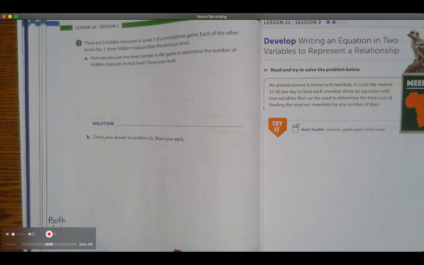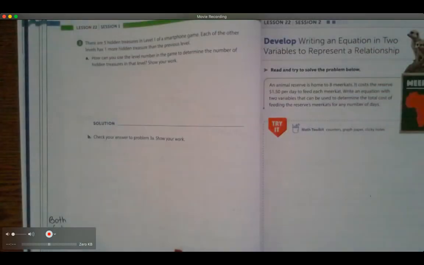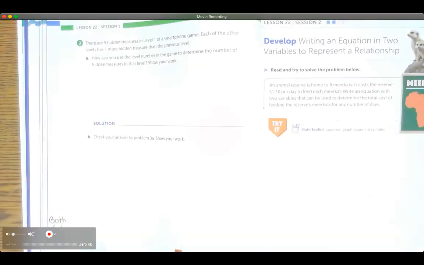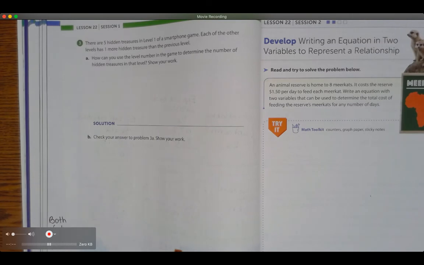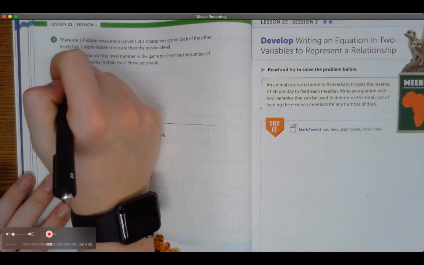All right, number 3. There are 5 hidden treasures in level 1 of a smartphone game. Each of the other levels has one more hidden treasure than the previous level. How can you use the level number in the game to determine the number of hidden treasures in that level? Show your work. Oh, sorry, guys. All right, so let's make our little chart.